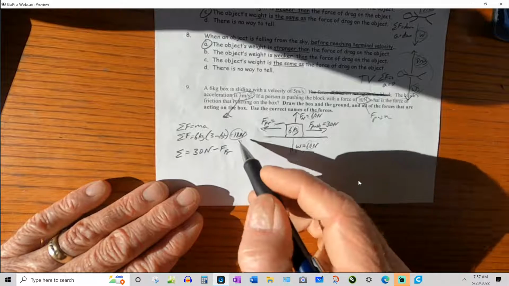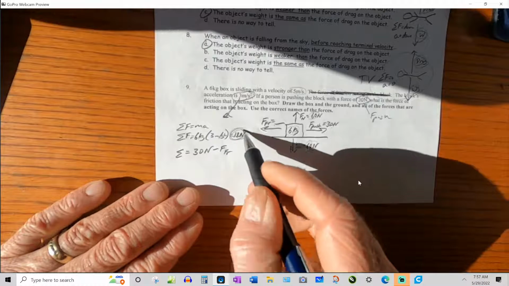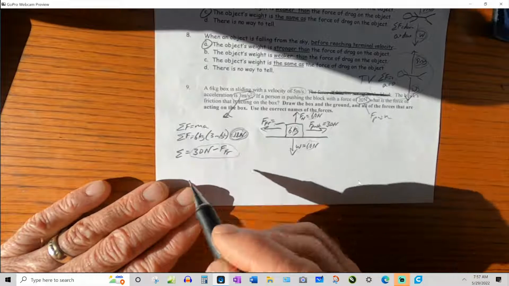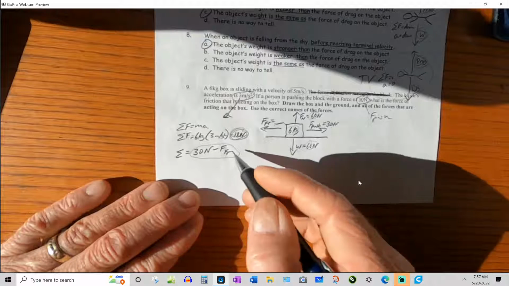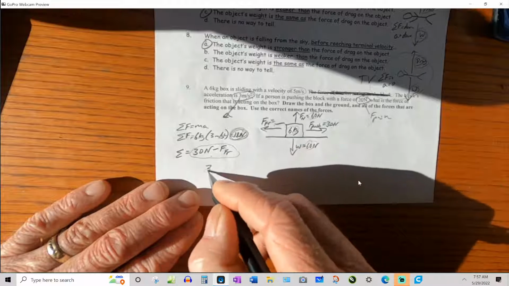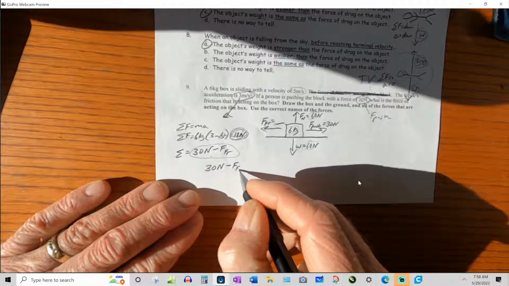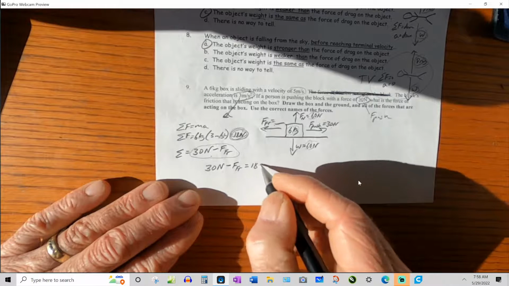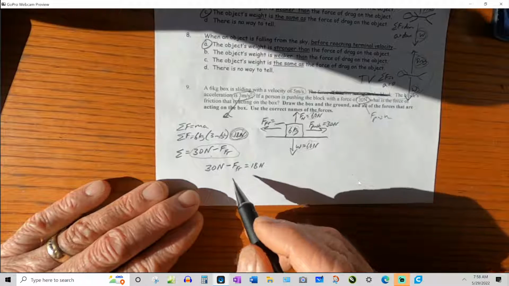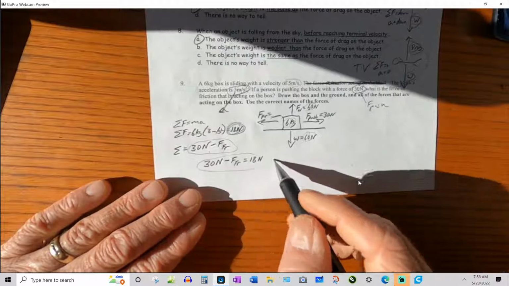All right, so this is the net force using F equals ma. This is the net force adding up all the forces. So this is equal to that. So I can say 30 newtons minus the force of friction equals 18 newtons. And now I just need to solve this.